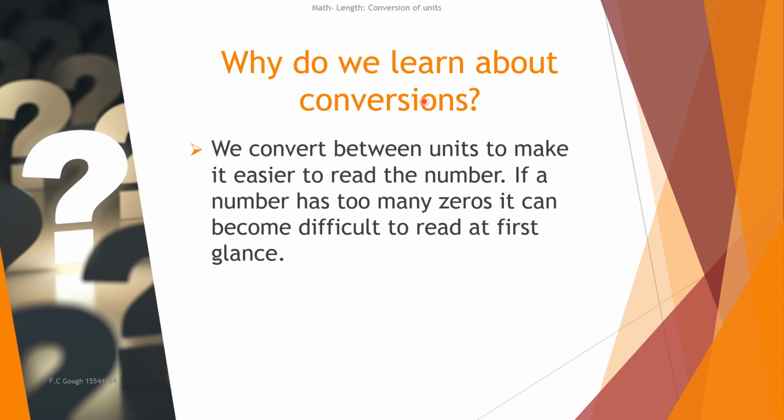Yes, it's for situations like this. If a number has too many zeros, it can become difficult to read at first glance. So instead of saying something is 1,053,000 centimeters away, they could convert that to kilometers and it will be 10 kilometers and some change.